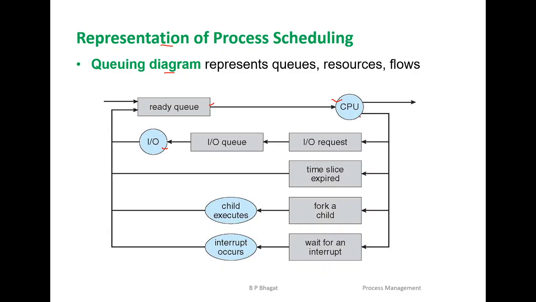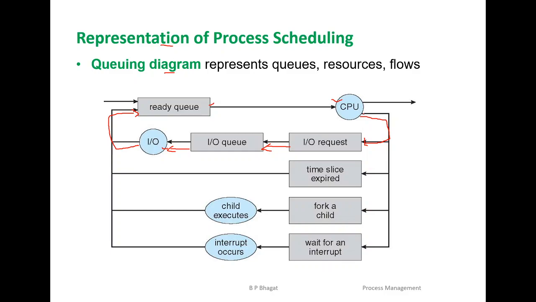For example, if the process wants to do IO related work, the IO request is made and the process goes into the IO queue. Once the IO related work gets completed with the help of IO devices, the process will be ready again in the ready queue for further execution.